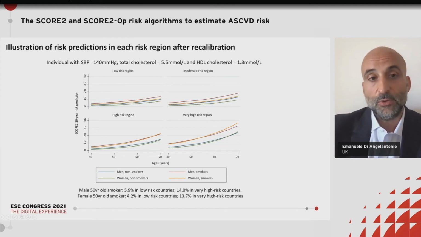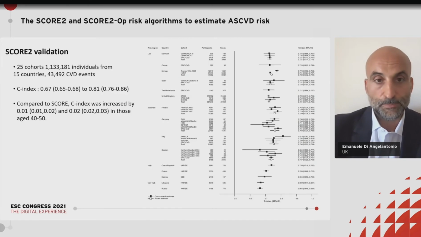You can see that there is a difference according to age for the same risk factors, but also a difference between regions. In different colors, you have men and women, smokers and non-smokers. You can see how the risk can vary both within and between different regions.